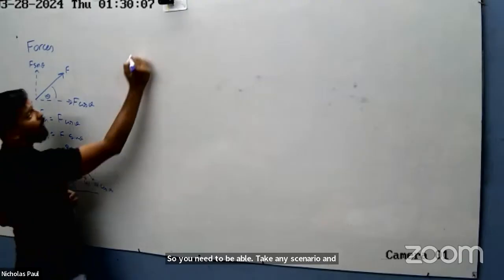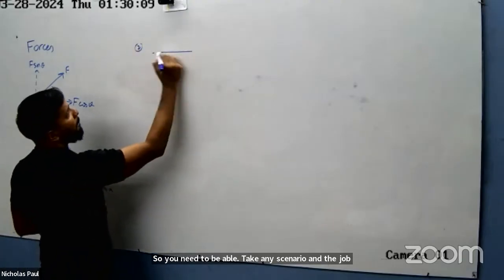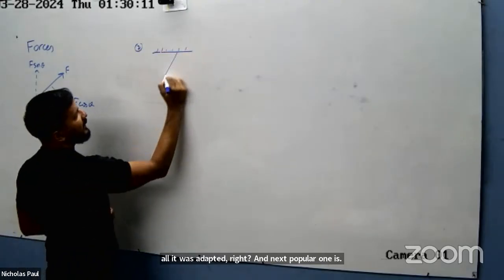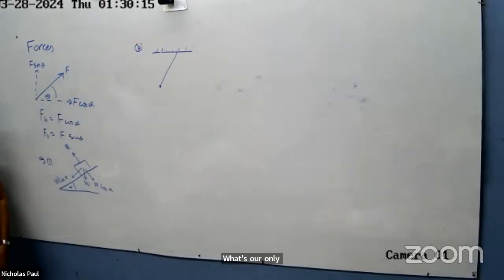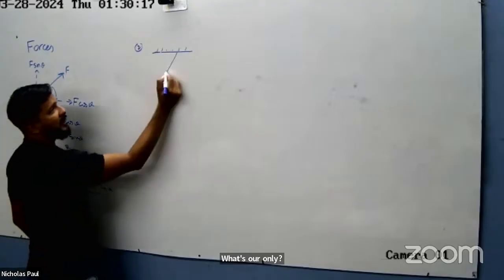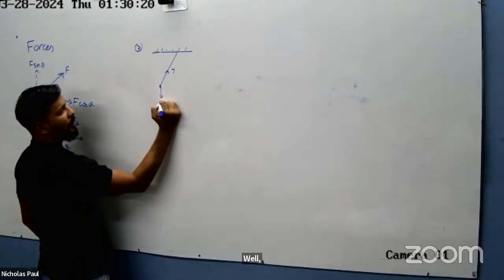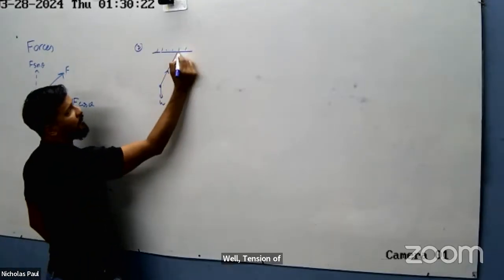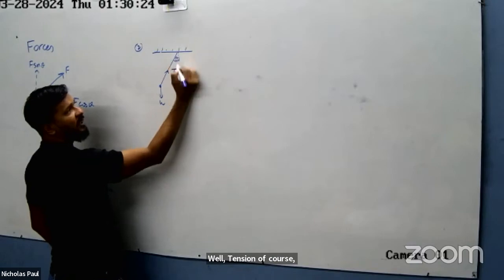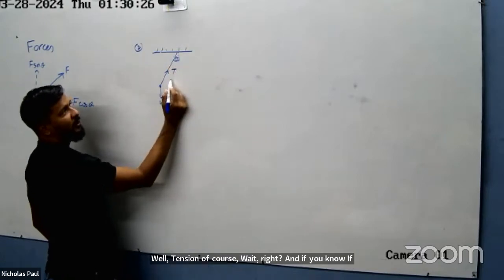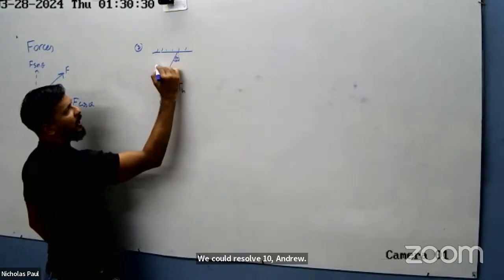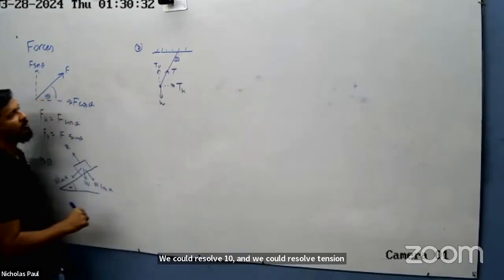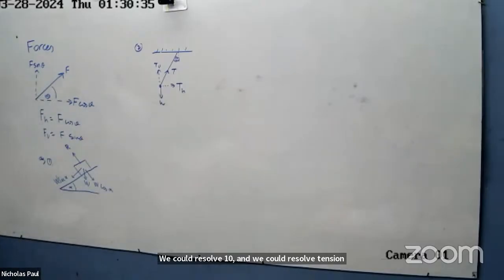The next popular one is the pendulum. What are all the forces acting here? Tension, of course, and weight. If here is theta, we could resolve tension horizontally and vertically.